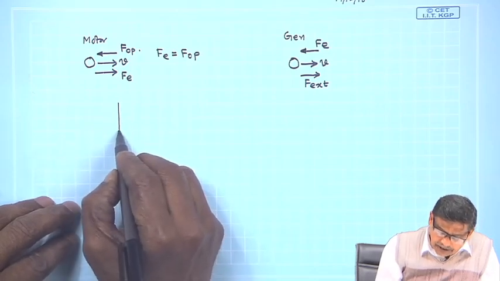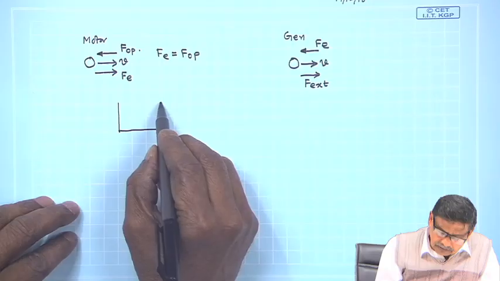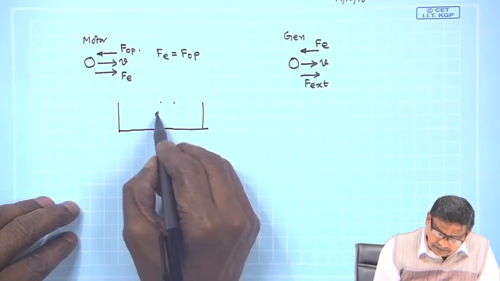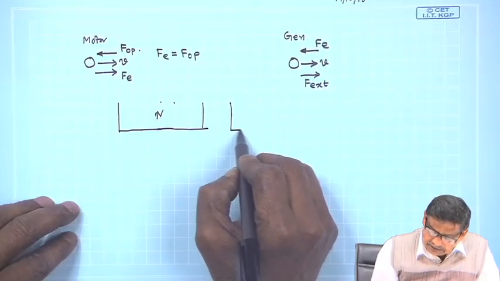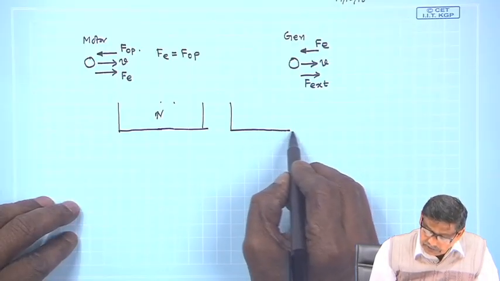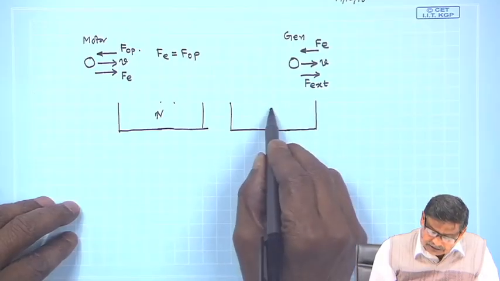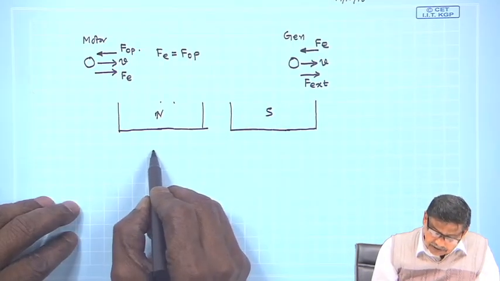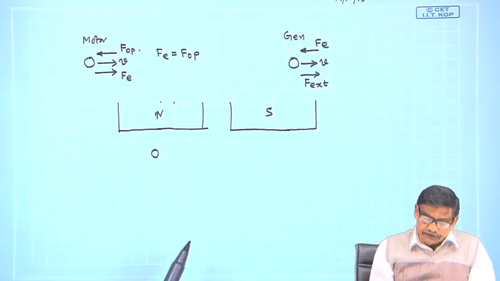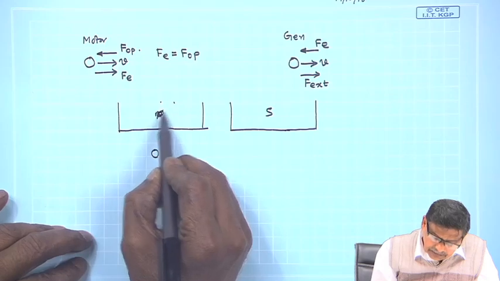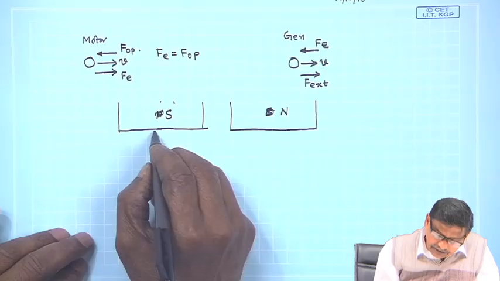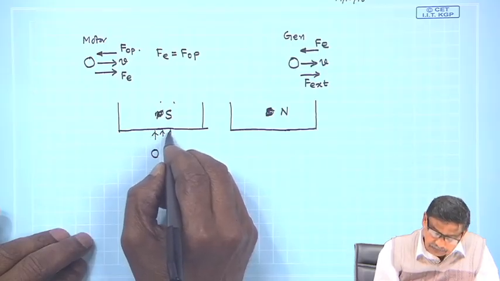For example, you have a field pattern, north here and south there, as we were discussing, and a conductor is moving in this direction. Let me call it south to be consistent with our earlier diagrams. So lines of force will be like this.